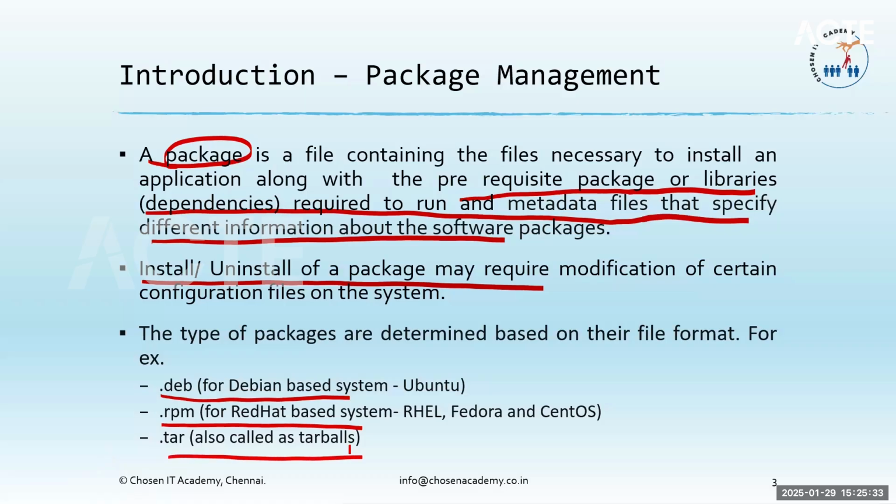This tar file is an archive file, and it is also called a tarball. But the archive file created by tar has some limitations, as we had seen. It will not be able to archive character and device files and things like that.